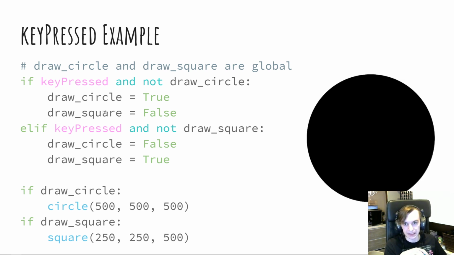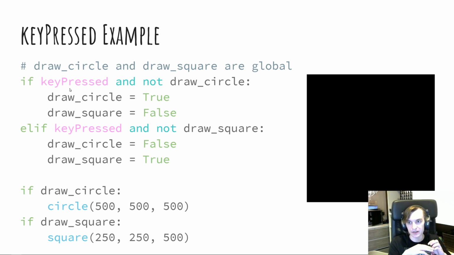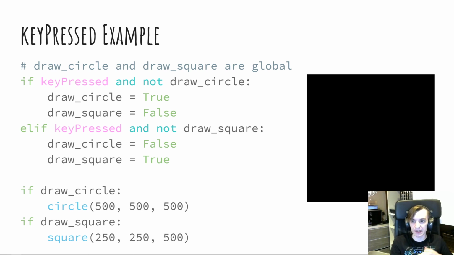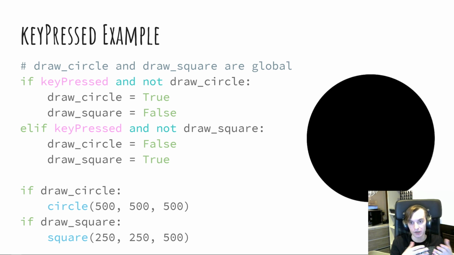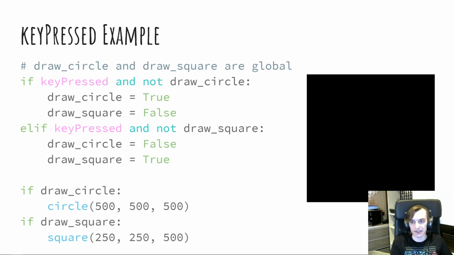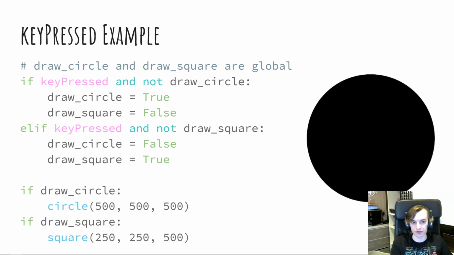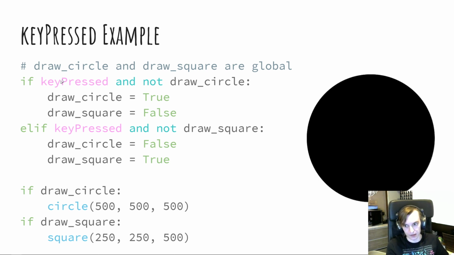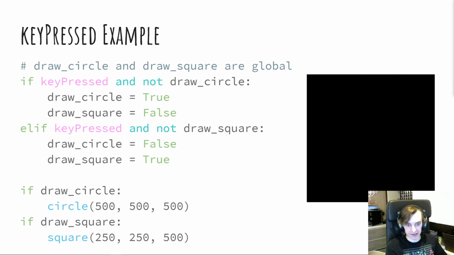But the expected thing that we're going to see here is that if you press a key and we're not currently trying to draw a circle, then we want to try and draw a circle. Otherwise, if you pressed a key and we're not currently trying to draw a square, we want to start drawing a square, right? That's what those things on screen mean. And that'll make more sense in just a second.